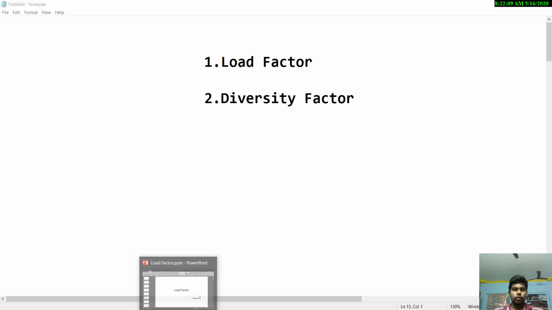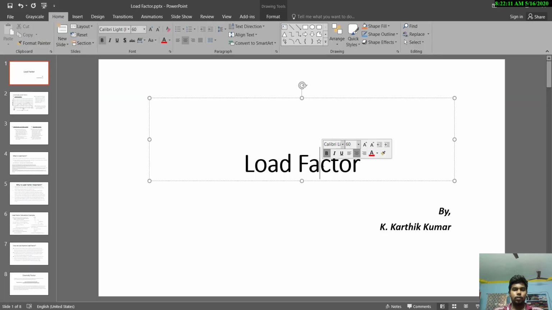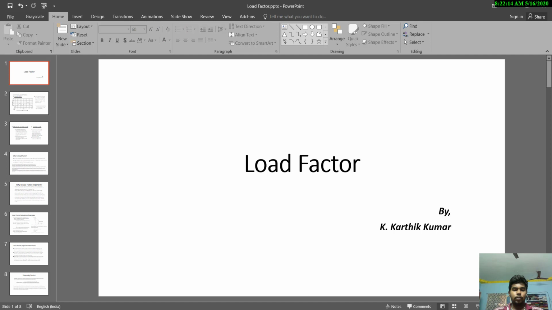What is load factor? Load factor completely depends on the average demand and the maximum demand.